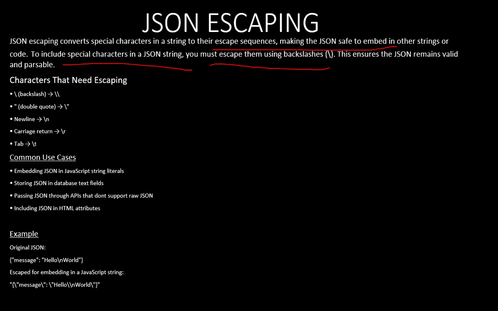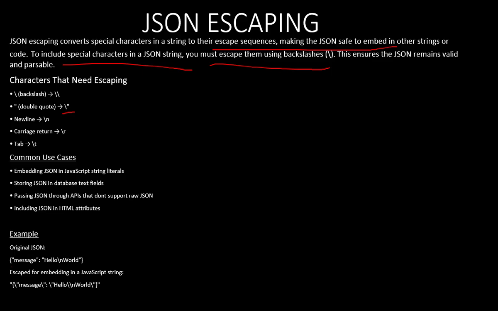Like double quotes. The JSON internal engine considers this as a special character, so it needs to be escaped. And the new line and so on. Suppose you have a JSON.